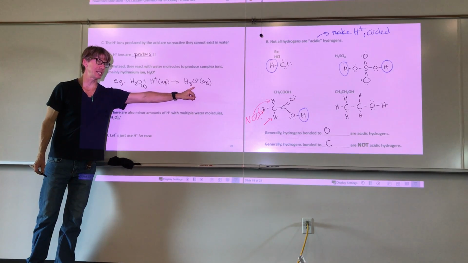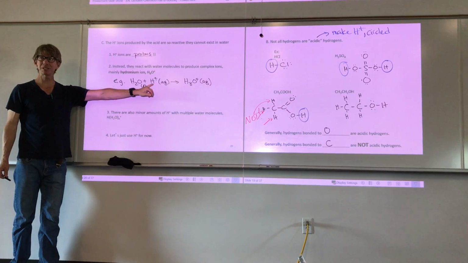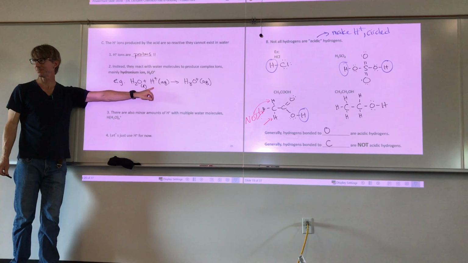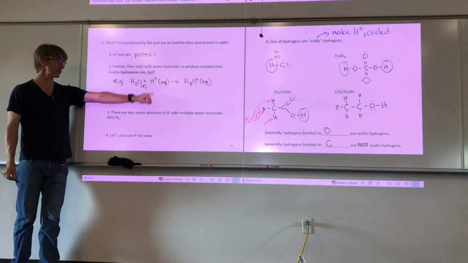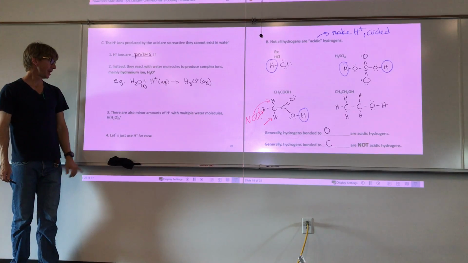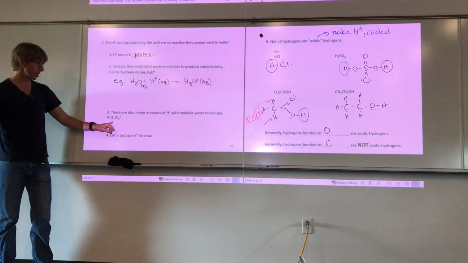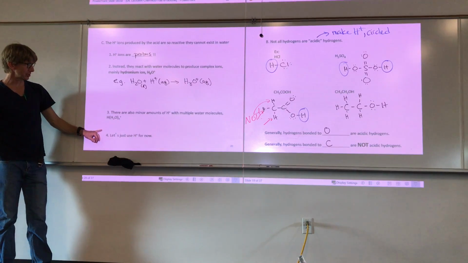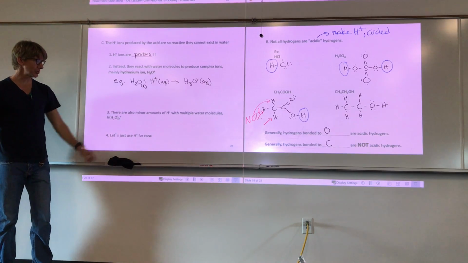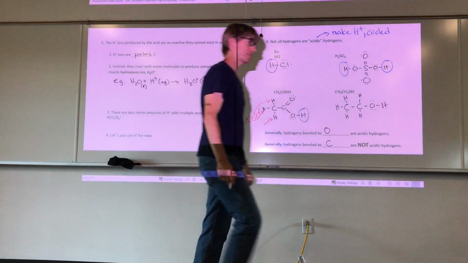And this is the deeper level of understanding. But biology is complicated enough, so they use H+. There's a lot of interesting shortcuts that they use in biology for chemistry things. But anyway, there are also minor amounts of H+ with multiple water molecules, sort of like a structure like this. Let's just use H+ for now.